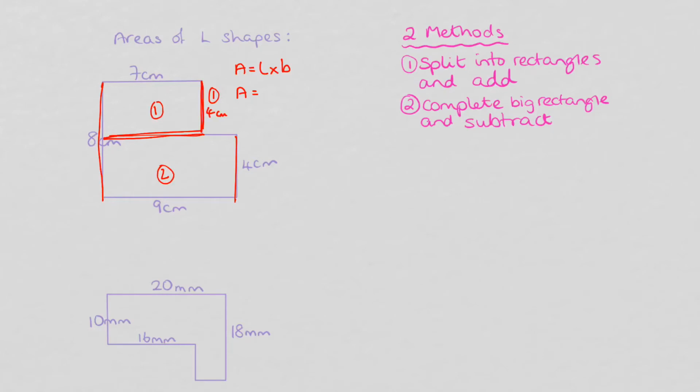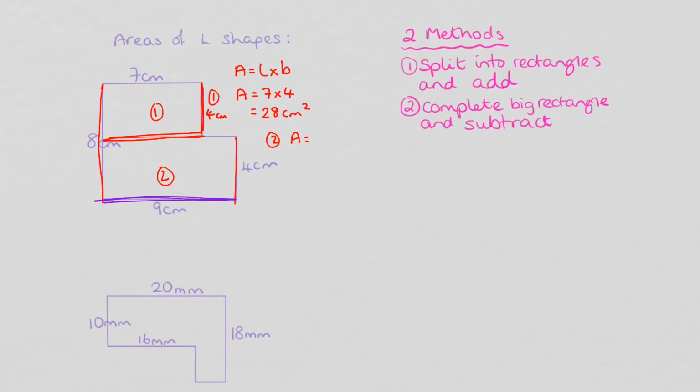Okay, so the area of rectangle 1 is going to be 7 times 4. So that would be 28. For number 2, the area is going to be length times breadth again. So the length of that one is 9. The breadth of that one is 4. So we haven't needed to find that missing length there.